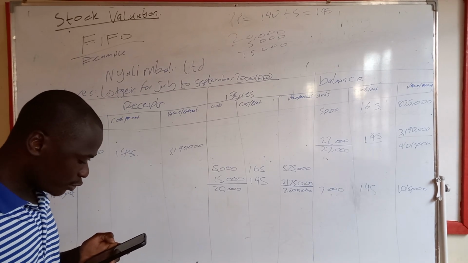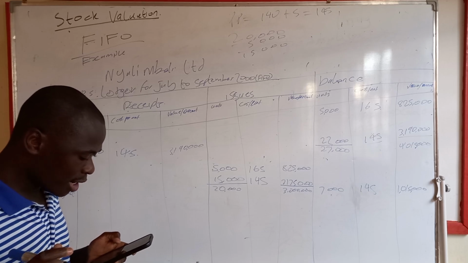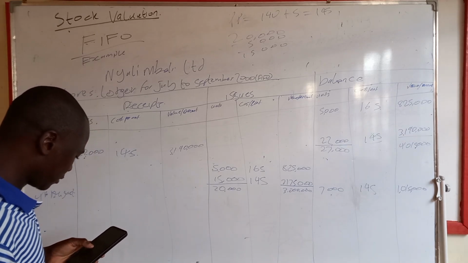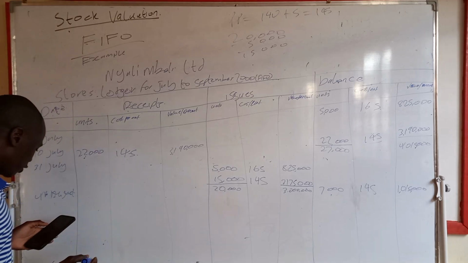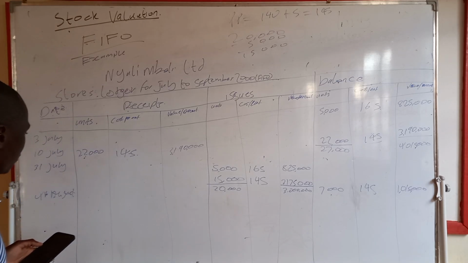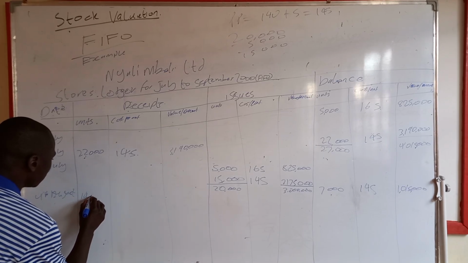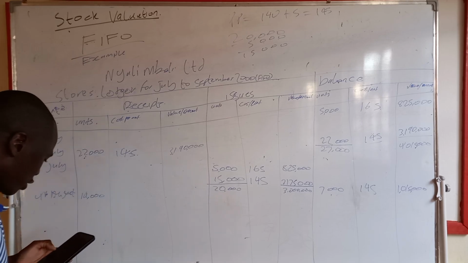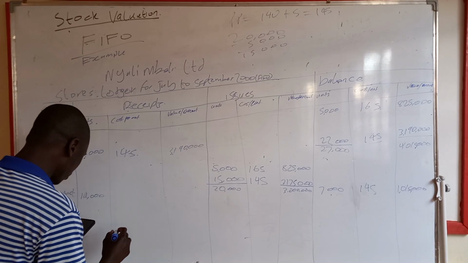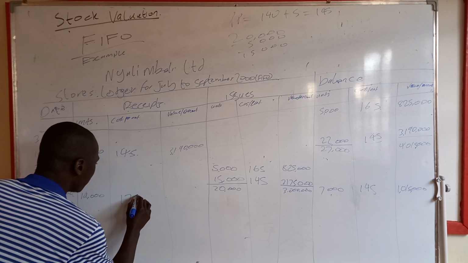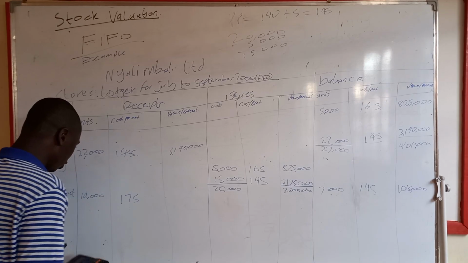A new batch of 14,000 tires was purchased at a cost of 175 each. So 14,000 tires were purchased. What is the purchase price of the cost? 175 each.